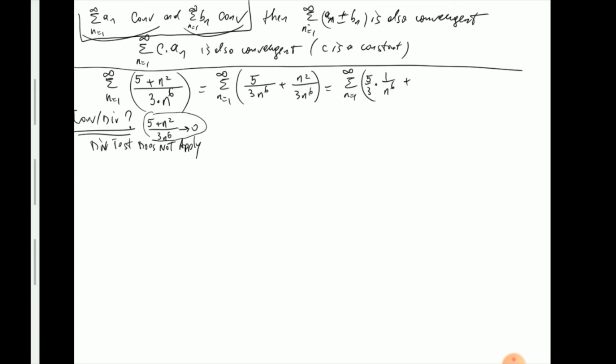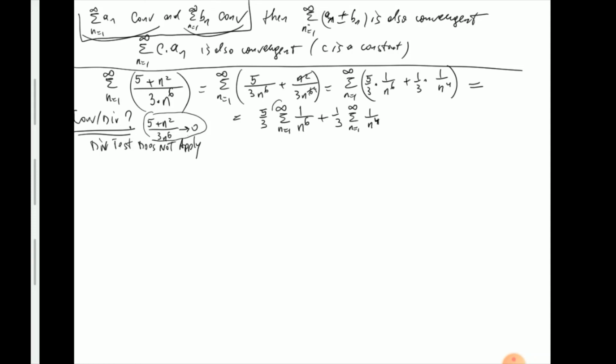And then plus, if I simplify n squared, this is going to be 1 over 3, 1 over n to the power 4. And based on the properties that I see above, this breaks down into 5 over 3 times summation of 1 over n to the power 6 plus 1 over 3 summation from 1 to infinity 1 over n to the power 4.